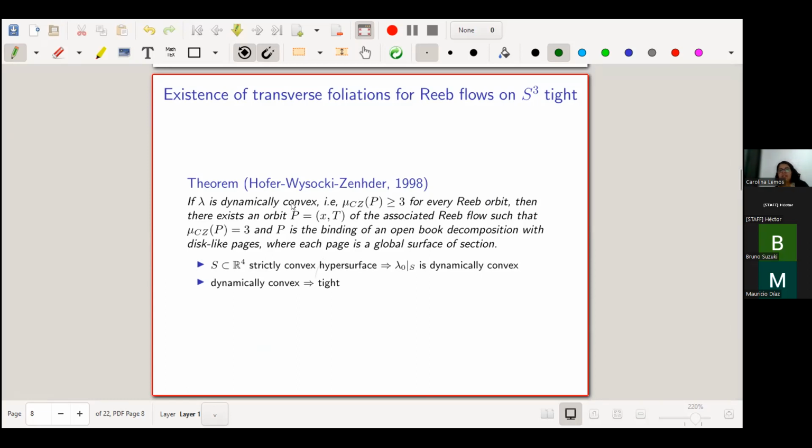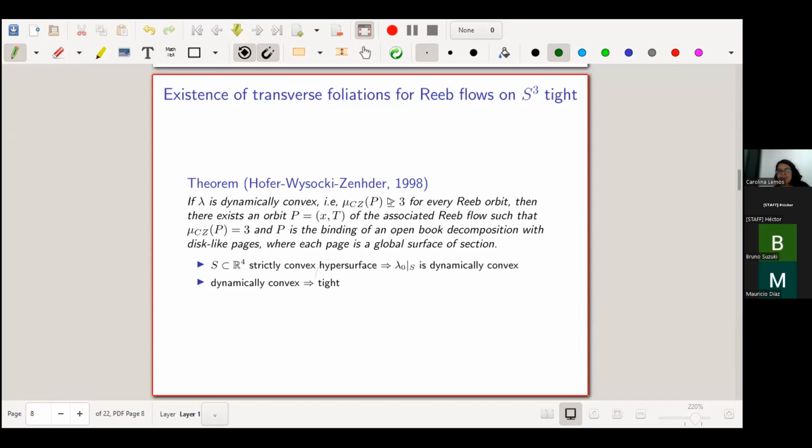So they proved that when your Reeb flow is dynamically convex, meaning that the Conley-Zehnder index of all orbits is bigger or equal than 3, and in particular, if you have an energy level of a Hamiltonian that is strictly convex, I mean, is the boundary of a strictly convex region, or it's the same as having positive curvature, then it's dynamically convex.